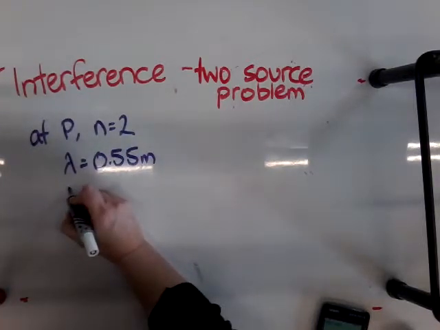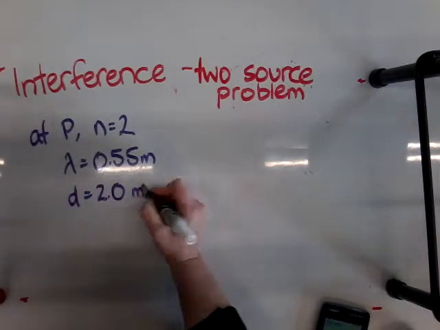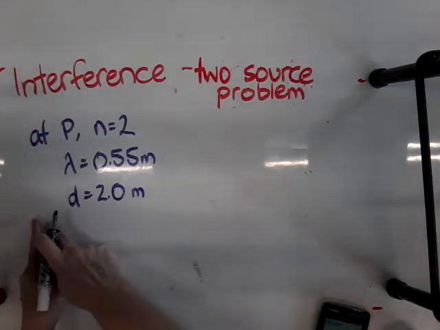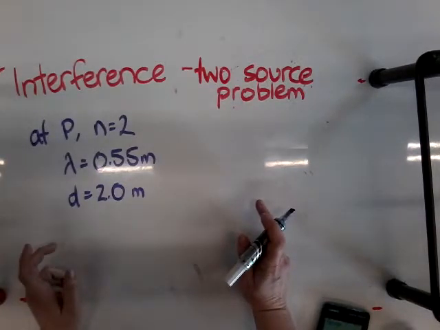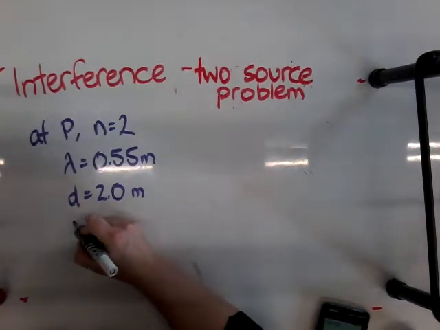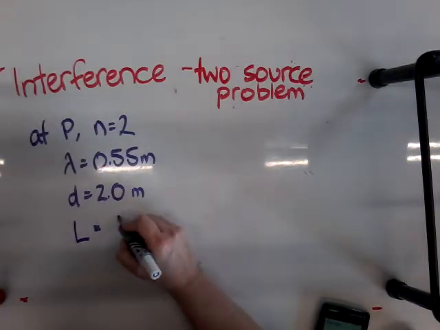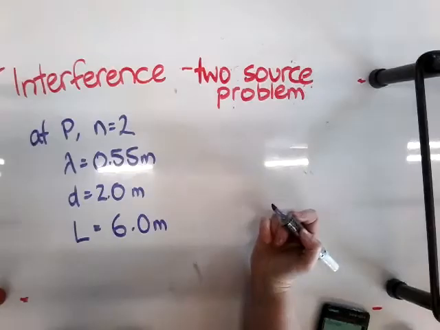We know that d is 2 meters, and I just realized there's one thing we didn't get told that we needed, which was the distance from the point sources to the screen. So I'm just going to tell you now that that distance, that distance L, is going to be equal to, say, 6 meters. Okay, 6 meters from the speakers.